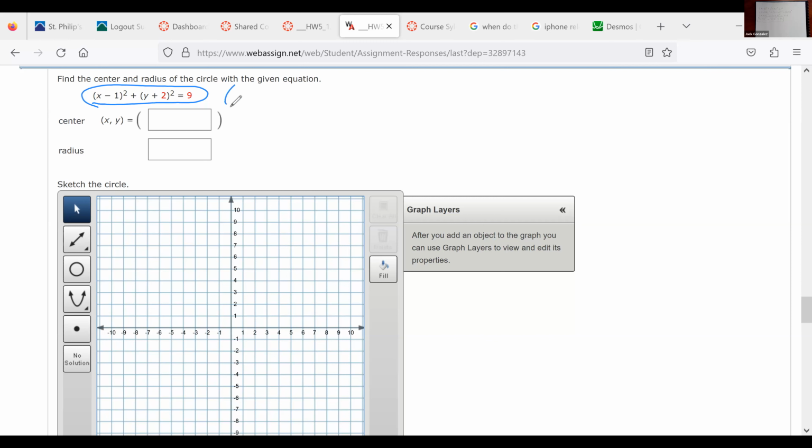So if you remember the standard form, (x minus h)² plus (y minus k)² equal to r squared. R is the radius, so if they give you a number, you get a square root.